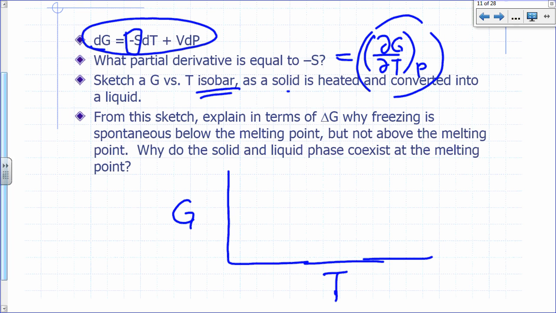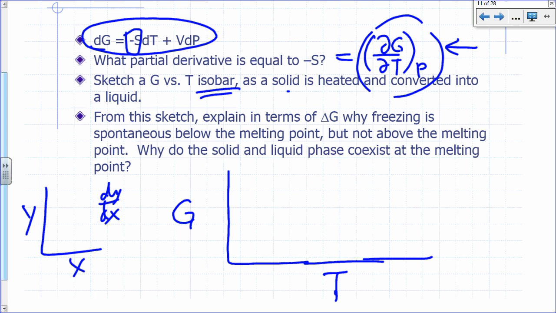If I were to plot G versus temperature, what would it look like? What is dG/dT? If I were to plot Y versus X, what is dy/dx? That's the slope, right? And what's the slope then of the plot of G versus temperature?